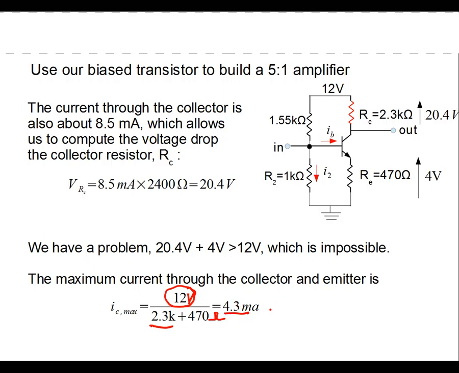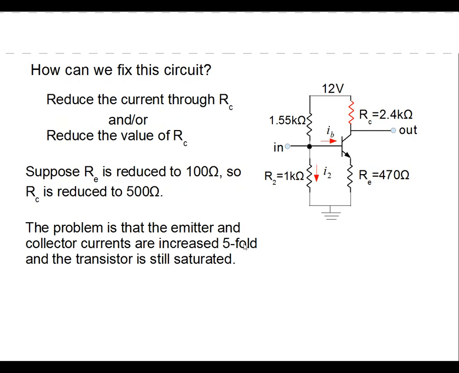So what do we do when we're actually dealing with this? Obviously we're going to have to change our design, and we can change our design in a bunch of ways. Probably most people would look at this and say, I'm going to change my design by making the collector resistor smaller.